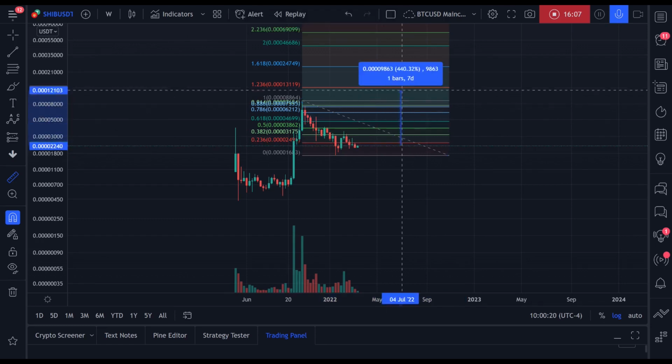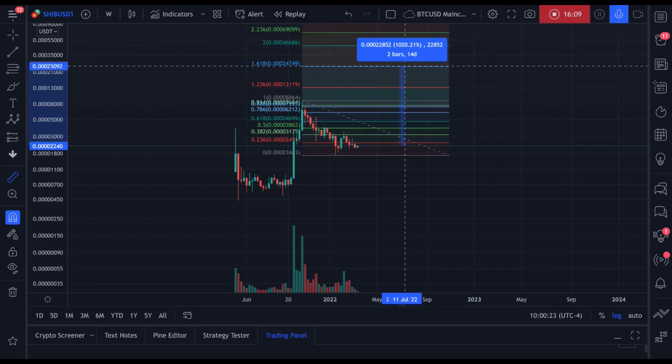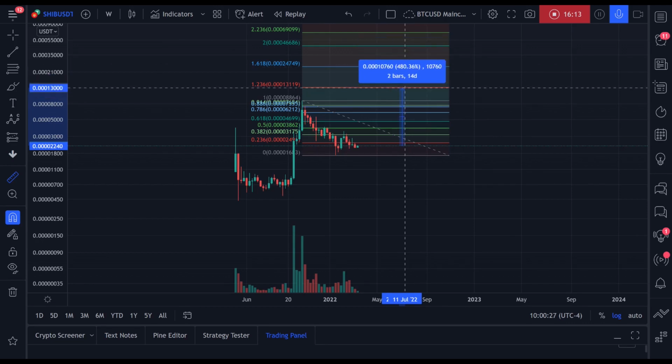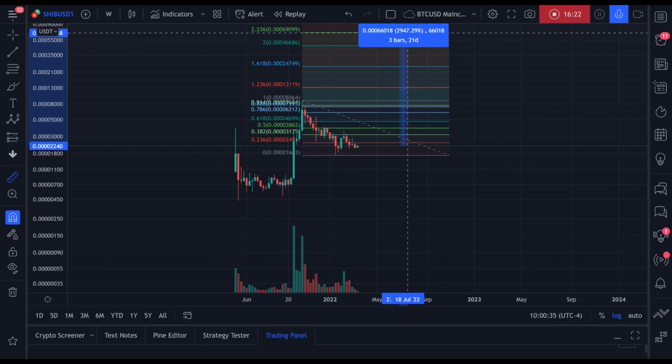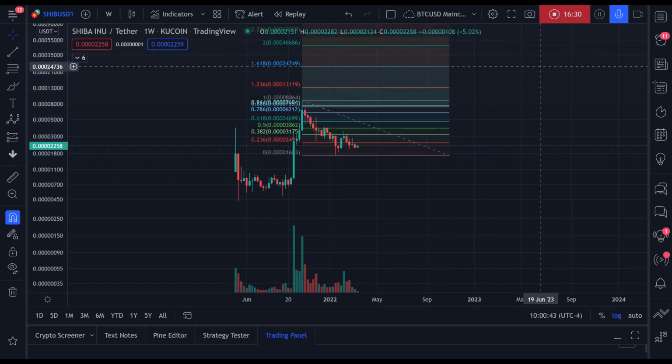That would represent a 1,000% increase, okay? And if it were to the Fibonacci extension, actually, if it was an extended wave 5, if this is indeed wave 5, it would be 3,000%. So that's what I'm seeing on the charts, and that's why I'm seeing this is a great time to buy.